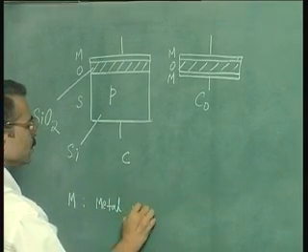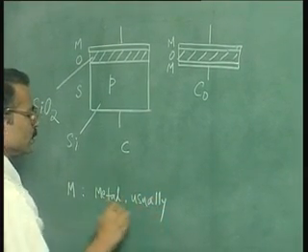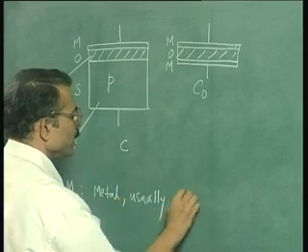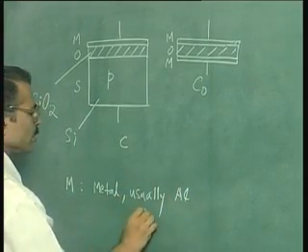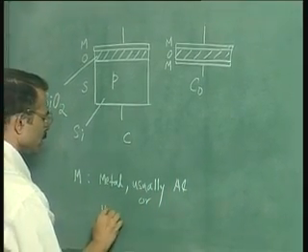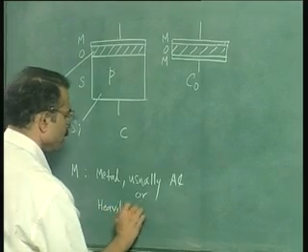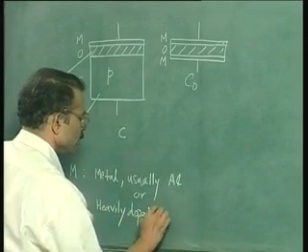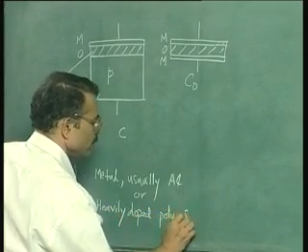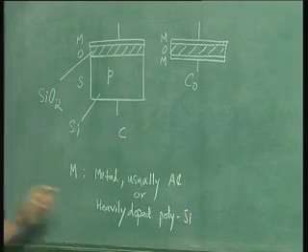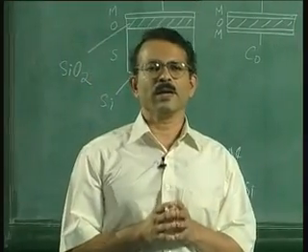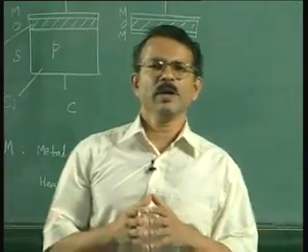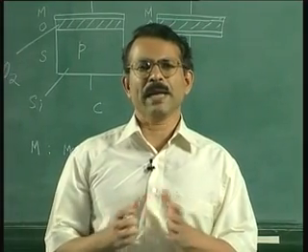So metal, usually aluminum, or heavily doped polysilicon. Now when we say heavily doped polysilicon, it obviously means that the doping can be either n type or p type.